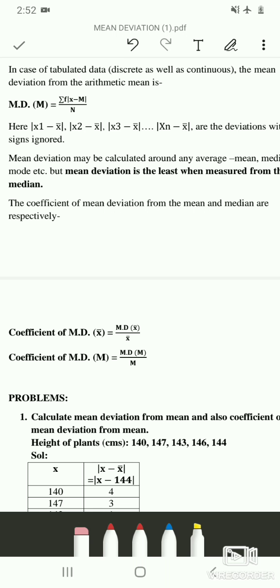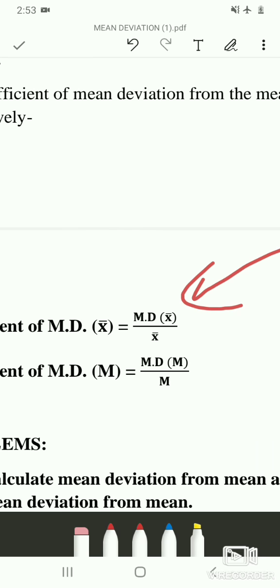That is, the coefficients of mean deviation from mean and median are respectively given as: coefficient of mean deviation from arithmetic mean is mean deviation from arithmetic mean upon the value of the arithmetic mean, that is M.D is mean deviation and x bar represents arithmetic mean, and you're taking the ratio of mean deviation to the arithmetic mean.